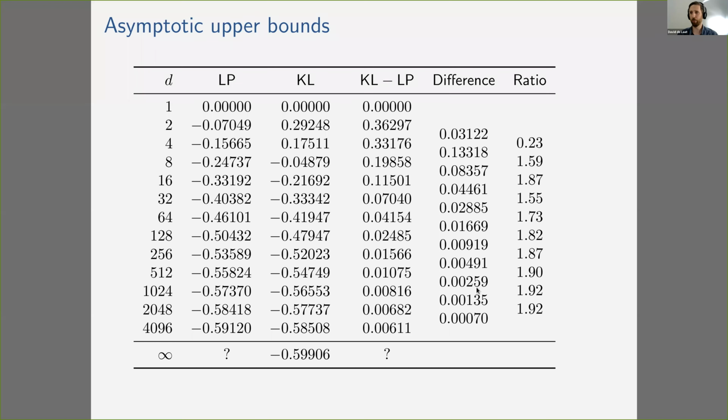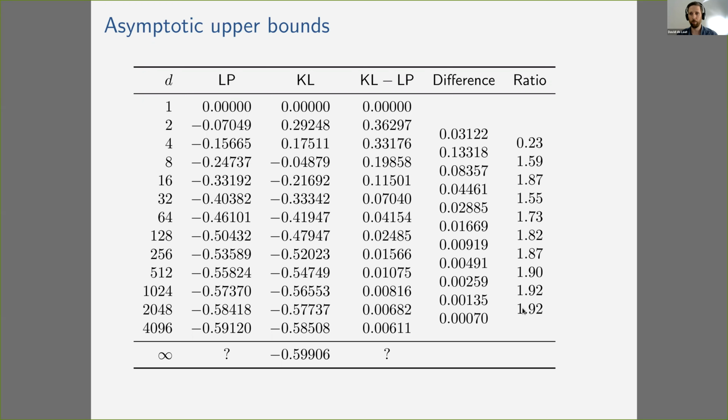To say something about that, we look at the ratios of consecutive numbers. In the beginning that's not so interesting, but then here it seems to be steadily growing. Our extrapolation is based on only one assumption, and that is that this number here will never drop below 1.92.